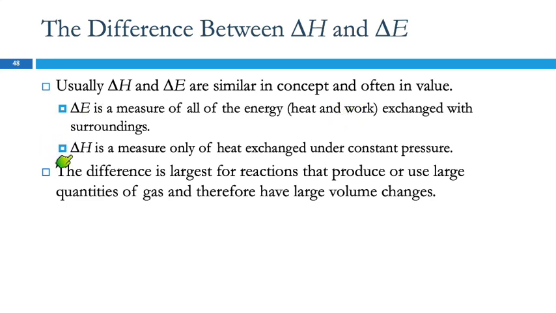Delta H is a measure of heat exchanged under constant pressure. So when is there a significant difference? If you have reactions that either produce or use large quantities of gas, and you have really big volume changes, then the difference is important. Otherwise, it's not. We're not going to look at things like that.